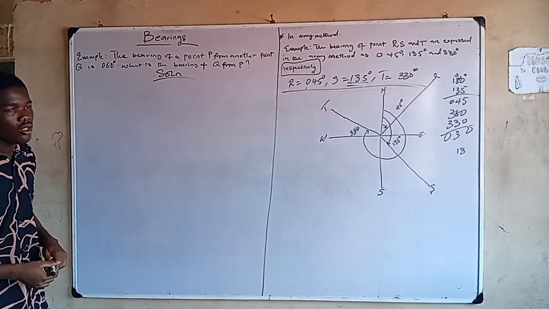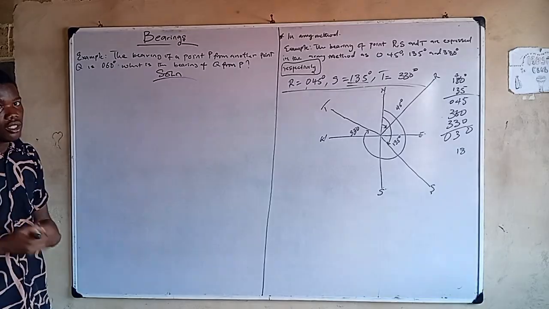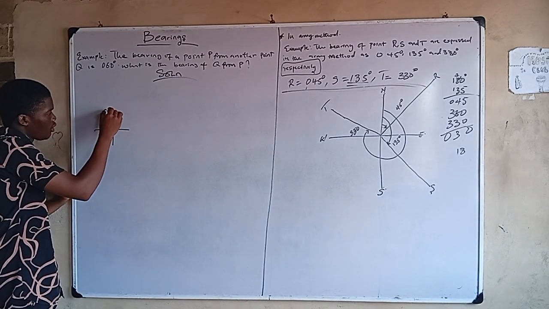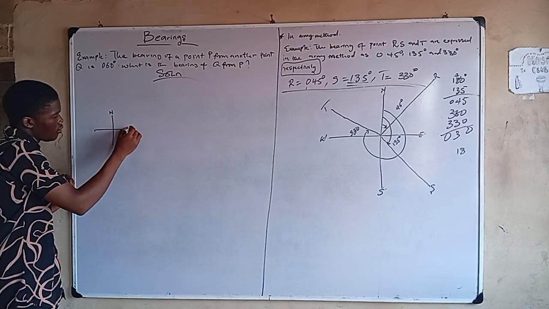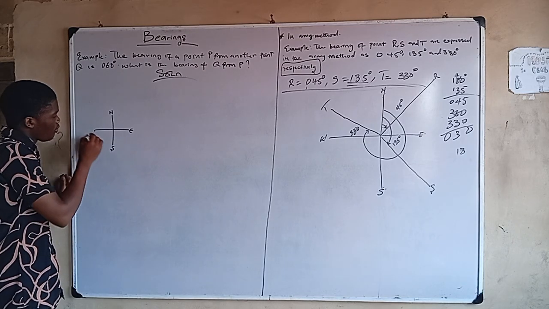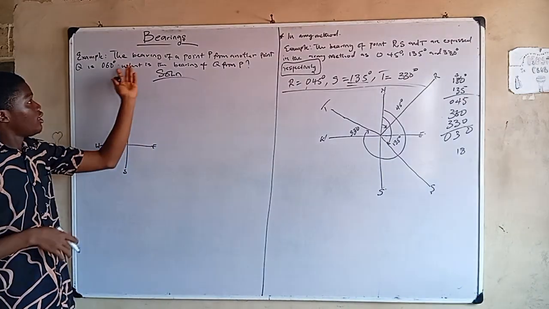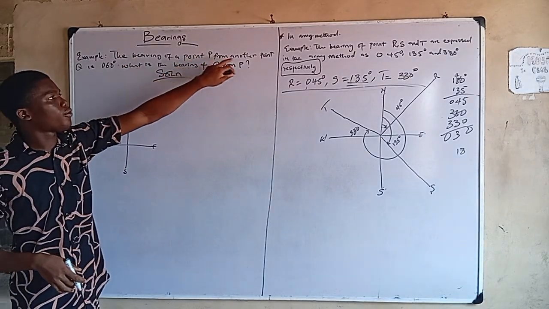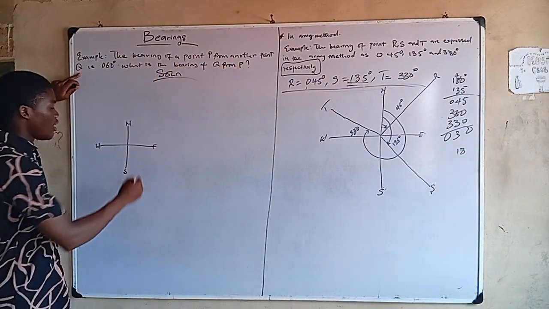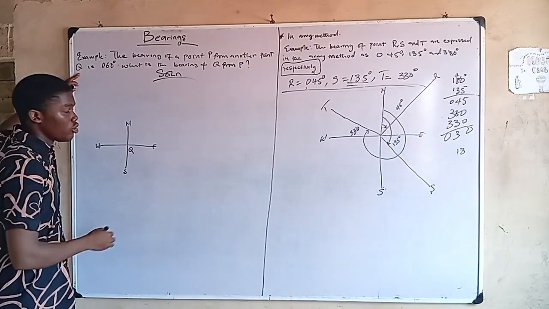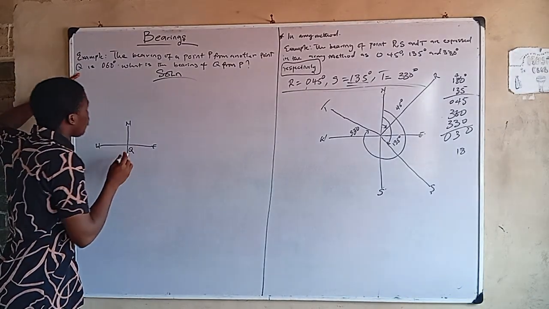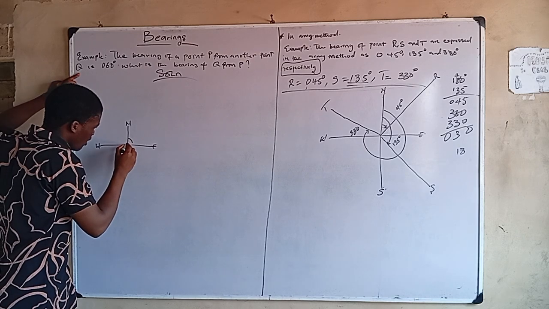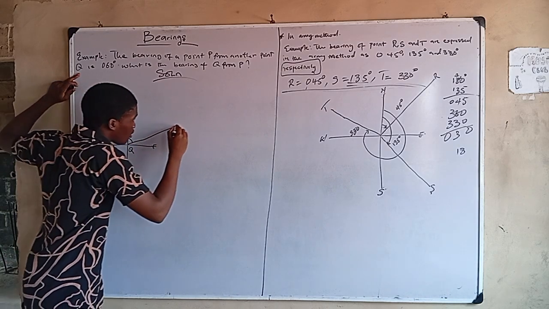When you hear this, you draw your cardinal points first: N, E, S, and W. Now this is our point Q, and the bearing of P from Q is 60. So from here to here is 60. Then you draw it.